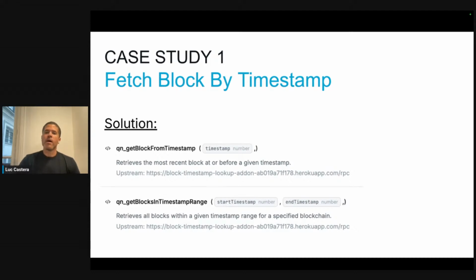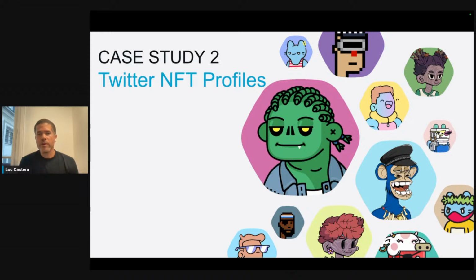A second case study is Twitter NFT profiles. If you remember, back in the day, Twitter allowed people to verify that they own an NFT, and if they did, they would display their Twitter profile pic with a hexagon instead of a circle. In order to do that, they needed to verify that the user does indeed own that NFT.